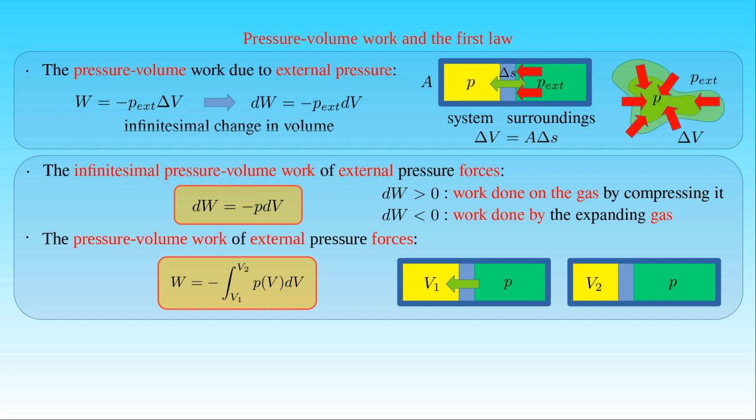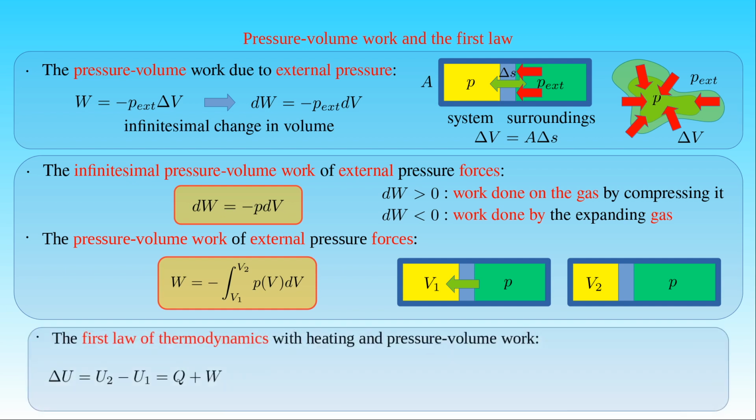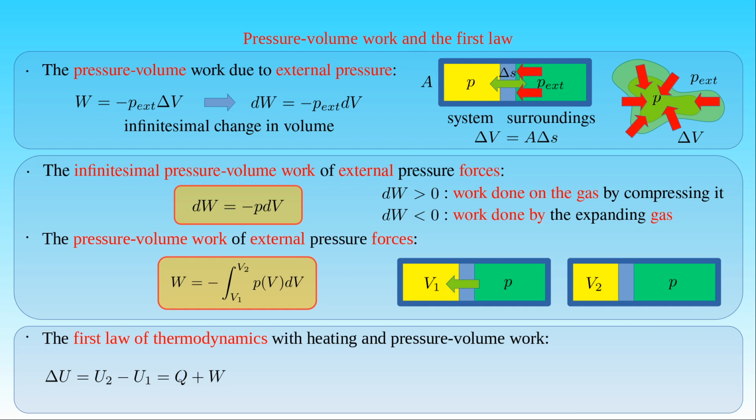Since the volume of the substance representing the surroundings is equal to the total volume of the cylinder minus the volume of the ideal gas, and the pressure of the substance depends on its volume, the external pressure P depends on the instantaneous volume of the ideal gas. We have seen that the first law of thermodynamics states that the change delta U in the internal energy of a thermodynamic system, that is the difference between its internal energy U2 in the final state and its internal energy U1 in the initial state, is equal to the heat Q exchanged between the system and its surroundings, plus the work W done by or on the system.